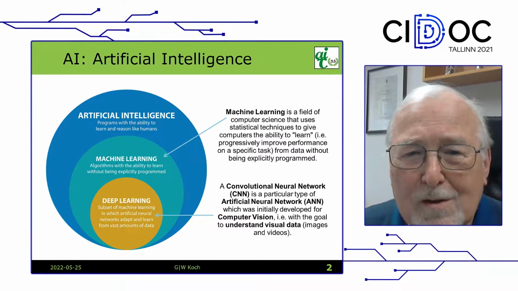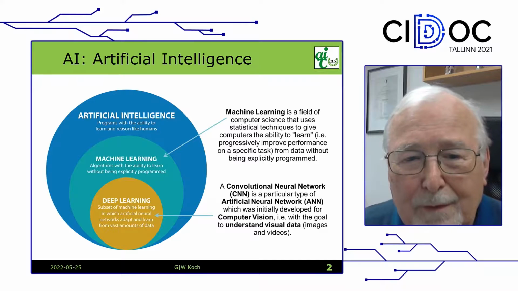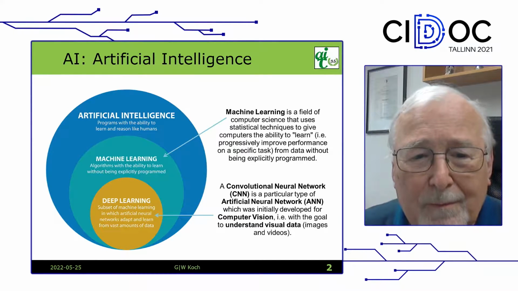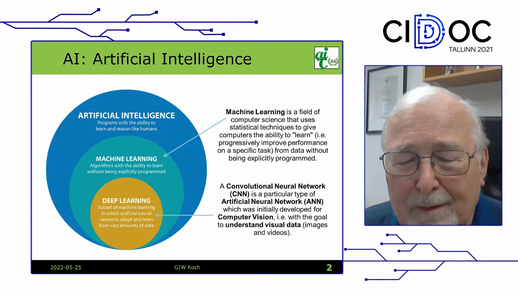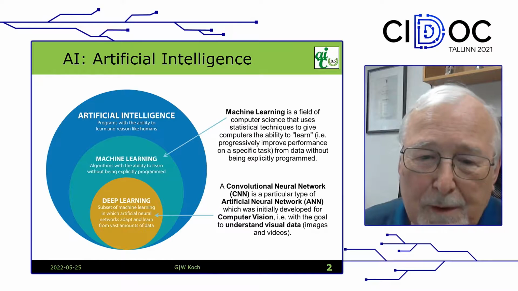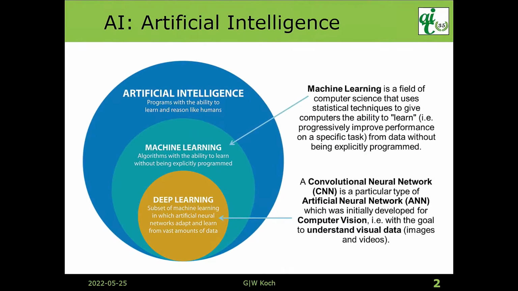If you look into artificial intelligence, we have different areas to distinguish, and I am only concentrating on methodologies which we are using in the example which will be presented afterwards. We have the big part of machine learning, and there's a subset, deep learning.